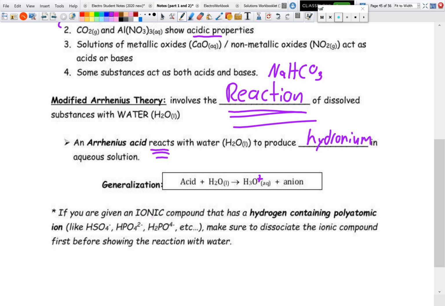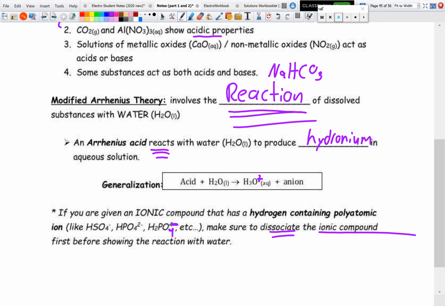Now, if you're given ionic compounds with hydrogen-containing polyatomics like HSO4-, hydrogen sulfate, hydrogen phosphate, dihydrogen phosphate, etc., it should be HPO4 with a small 4, minus, not the 4 minus up top. That was a little typo there, so please go back and fix that. We need to make sure to dissociate the ionic compound first before showing the reaction with water.